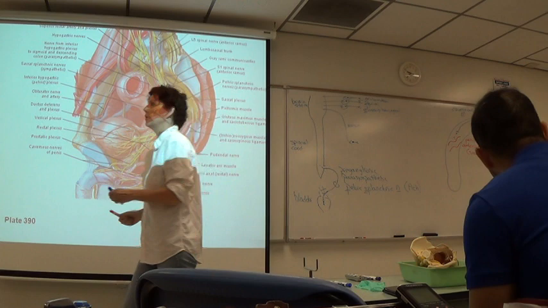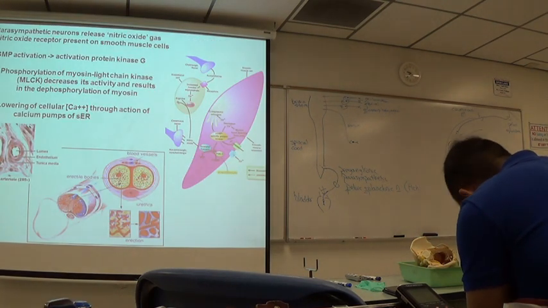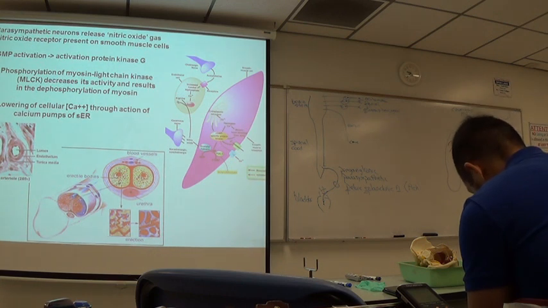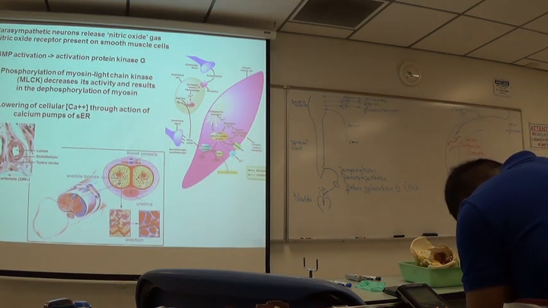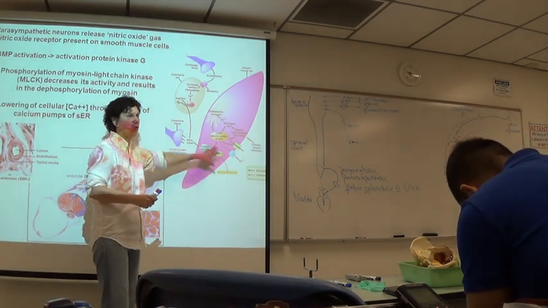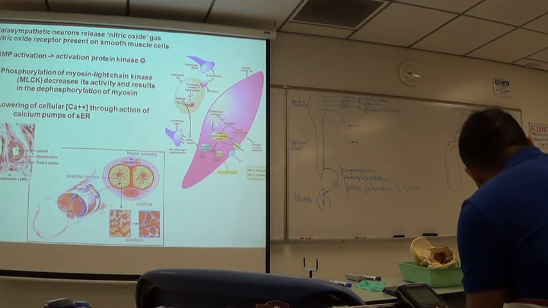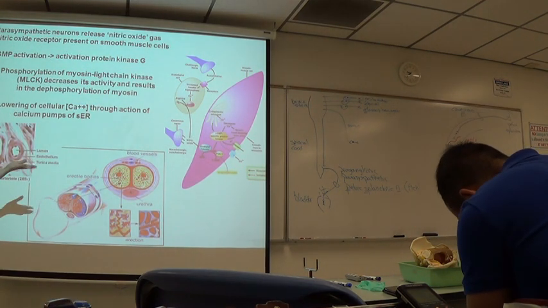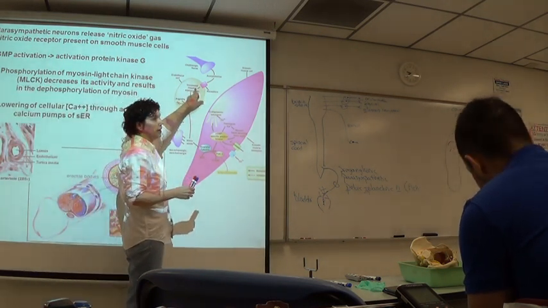Now typically the neurotransmitter of parasympathetic is acetylcholine. Okay? But in this case, and this is not a diagram you have to memorize, okay? It's just kind of showing what's happening cellularly. In this case, it can happen both ways. So acetylcholine is released.